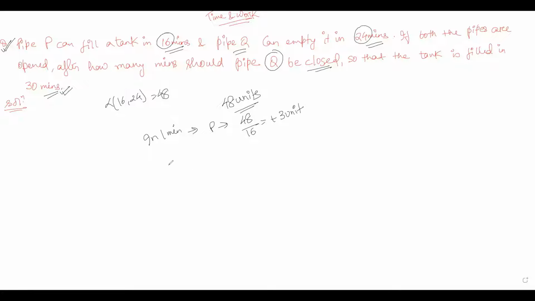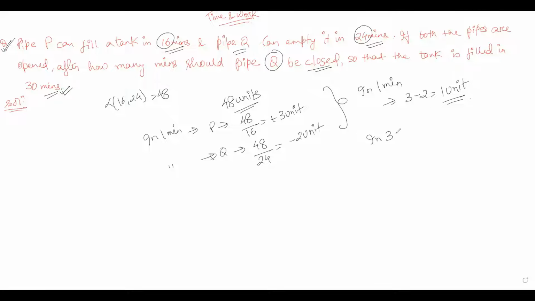In a similar way, every minute, pipe Q would be able to empty 48 by 24, that is 2 units of the tank. So we can say that if both the pipes are opened, then every minute they would be able to fill 3 minus 2, that is 1 unit of the tank. Now it has been given that pipe P is opened for the complete 30 minutes.